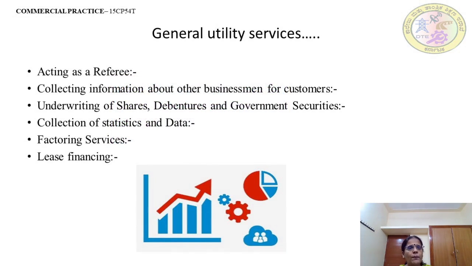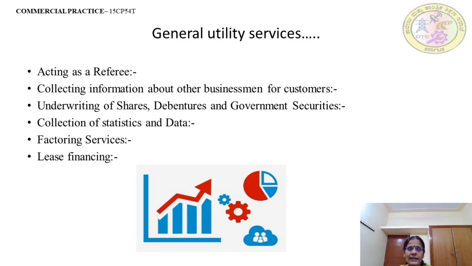The next very important service given by the banker towards the customer is acting as a referee. Before I say more on that, we have to recollect that the banker performs general utility services towards his customer.